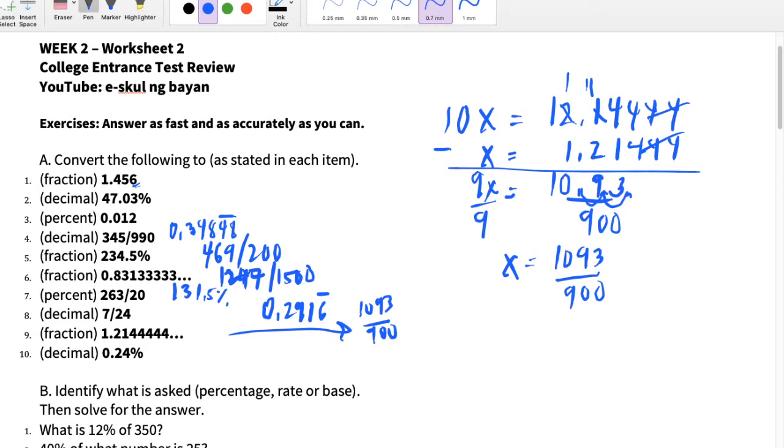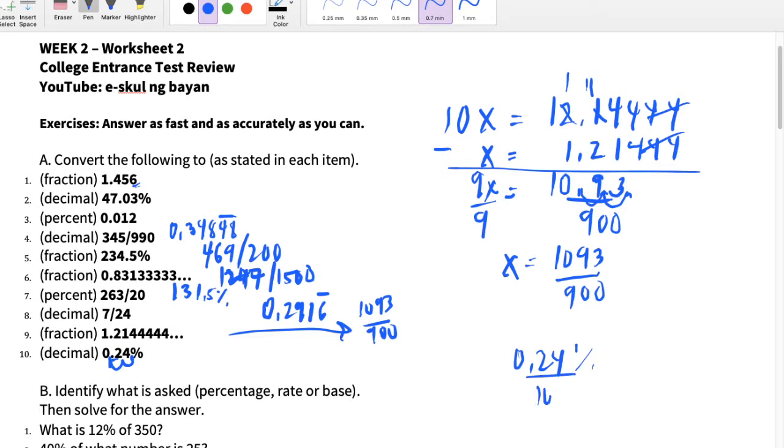Okay, so this one, correction on number 10, convert this one to decimal form. I-move lang natin 2 units to the, baliktad. Sorry. Kasi pati ako careless. I-move lang natin 2 units to your, sulat ko na lang, 0.24%. To get the decimal nito, what we will do is divide it by 100.